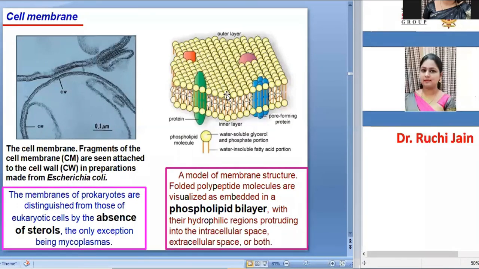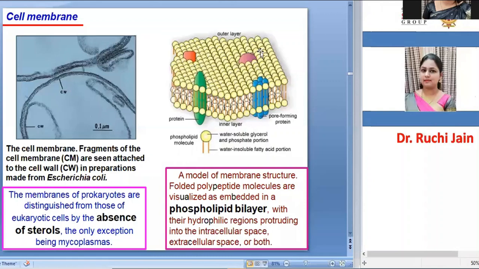If we see the detailed structure of the cell membrane, it is also called the plasma membrane, and the plasma membrane is well described by the fluid mosaic model by Singer and Nicolson. This plasma membrane consists of a phospholipid bilayer.